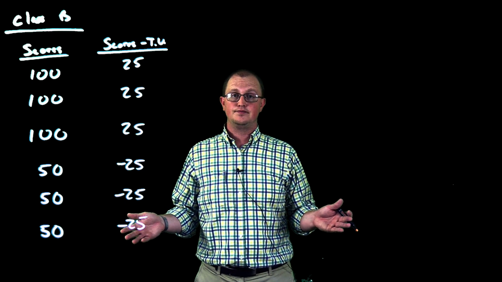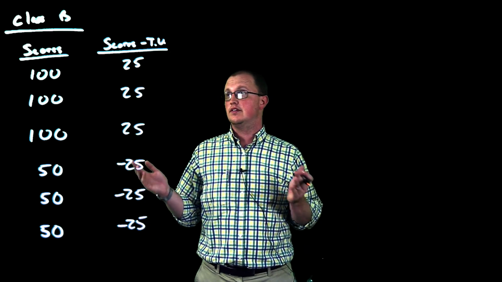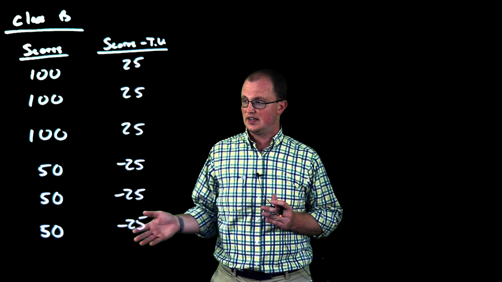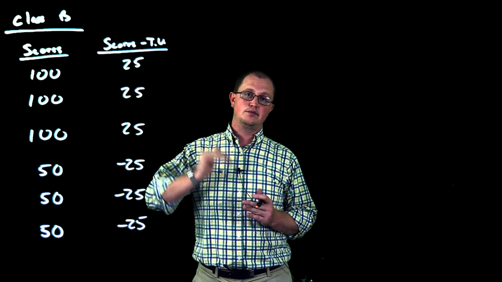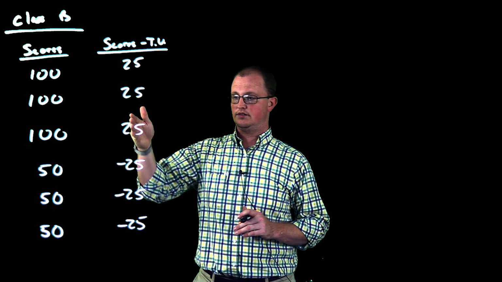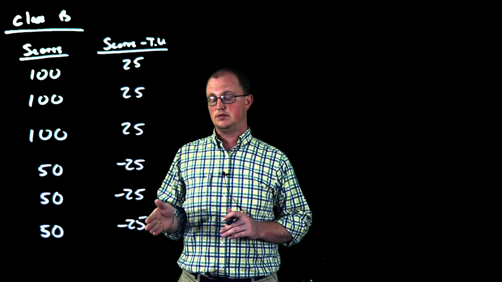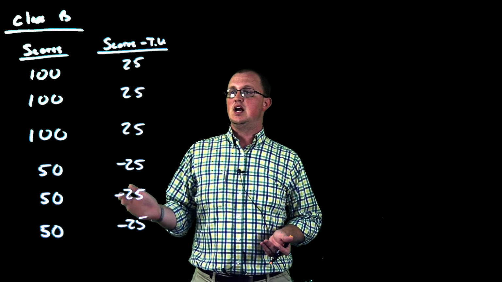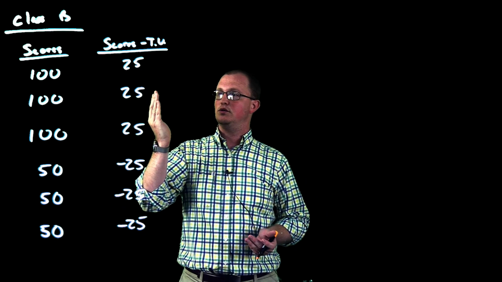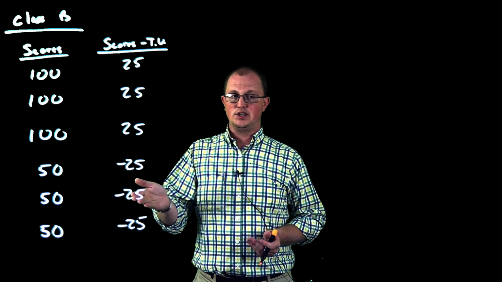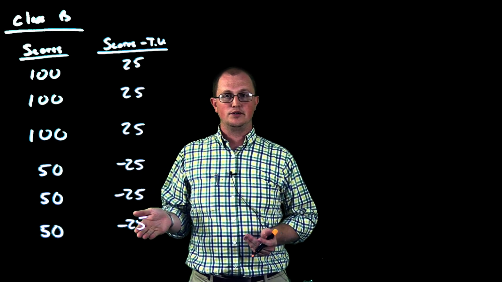And we're back. So we've got Class B, and half the class has 100, half the class has a 50. We've already subtracted away the class average from each of these, and we got 25, 25, 25, minus 25, minus 25, minus 25. And when we added those up, we still got 0. So we said, well, we want to make sure that being larger than the typical value counts just the same as being smaller or below the typical.